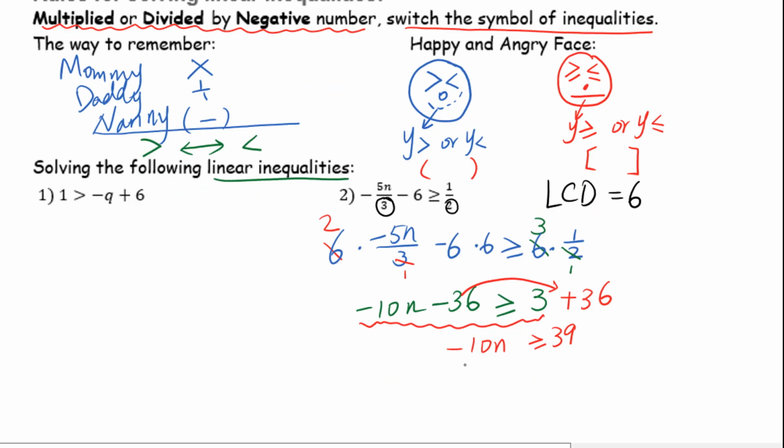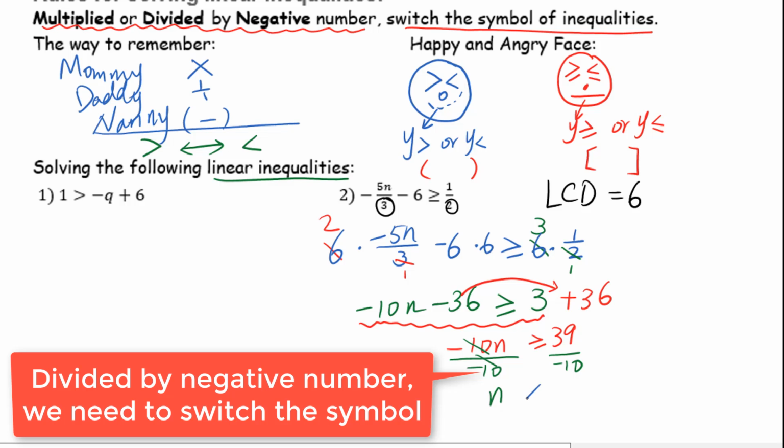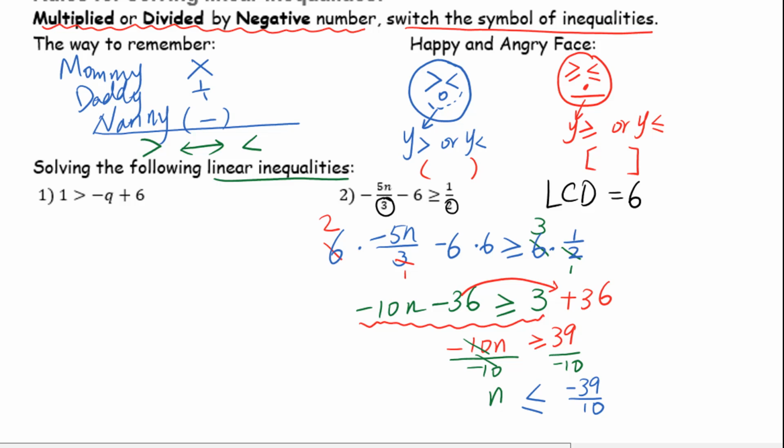We divide both sides by negative 10. Reduce, you will get n. Remember the symbol, you need to switch: n less than or equal to negative 39 over 10. Let's draw the number line for the solution to this inequality.